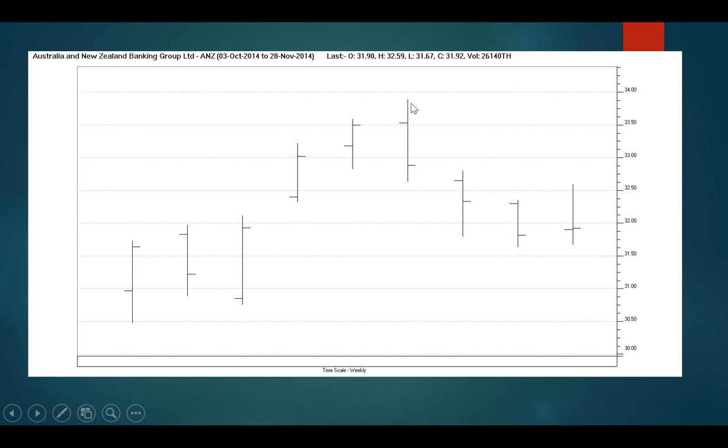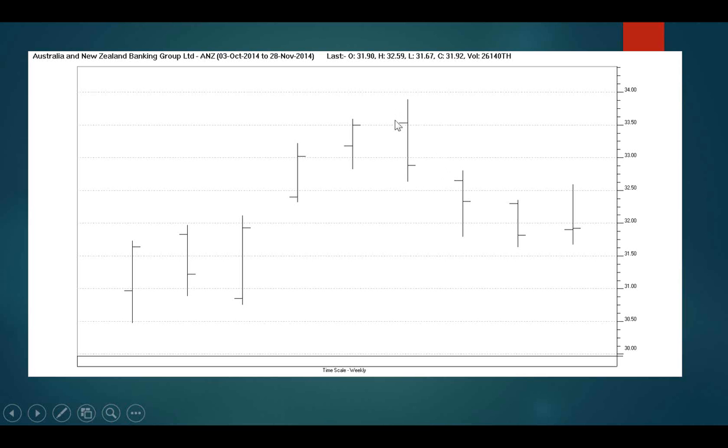This price up here represents the highest price at which shares in this company traded during that week. It's called the high price for the price period. This one represents the lowest price that was actually traded for that particular company during that time period, in this case during that week. So here we have the high and the low.